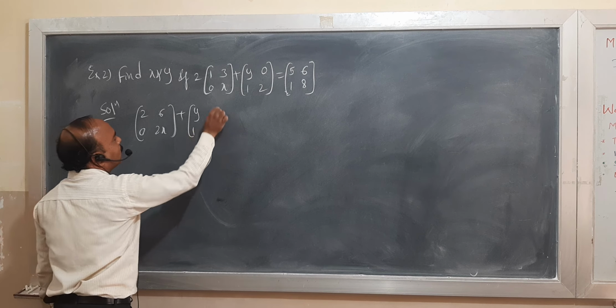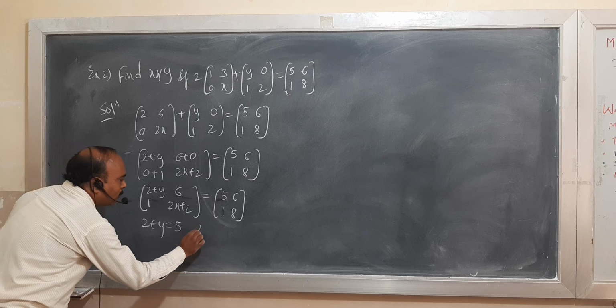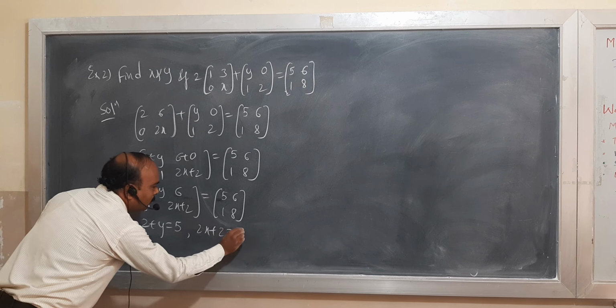Now it is [2 plus y, 6, 1, 2x plus 2] equal to [5 6 1 8]. By equality of matrices, we observe that 2 plus y equal to 5, and 6 and 6 are equal and 1 and 1 are equal, but in place of 2x plus 2 you are observing 8. 2x plus 2 equal to 8.